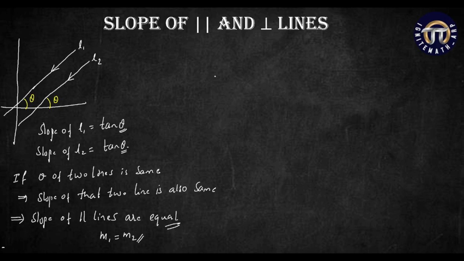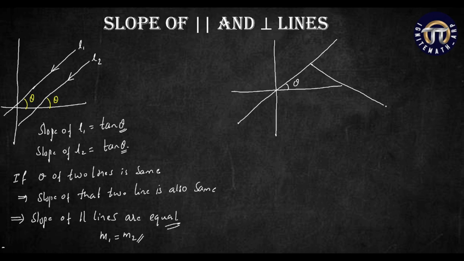Now let me speak about perpendicular lines. I will draw the coordinate axis over here, and I will draw a line whose inclination is theta, and I draw one more line which is perpendicular to the first line. This is 90 degrees. I'll call this L1 and this L2.